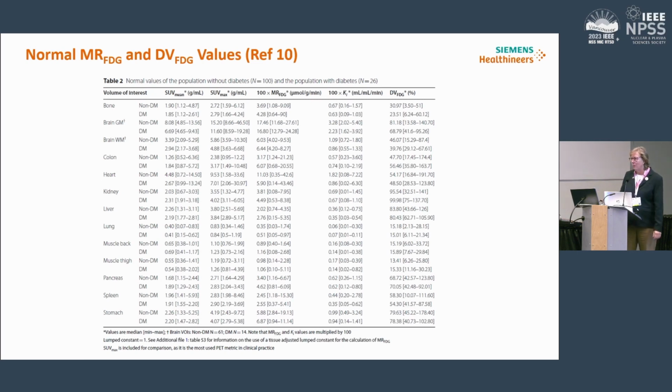And these will only get better with the advent of the long axial field of view scanners. So we're on our way to a reference library. So now you have an individual patient come in, you make this measure, and you can see how close they are to the normal range. Kind of what they do in PET amyloid and tau imaging with the brain atlas and the statistical measures they use.